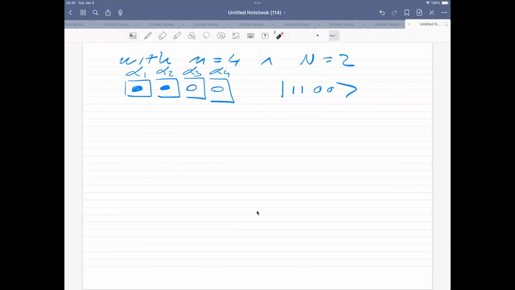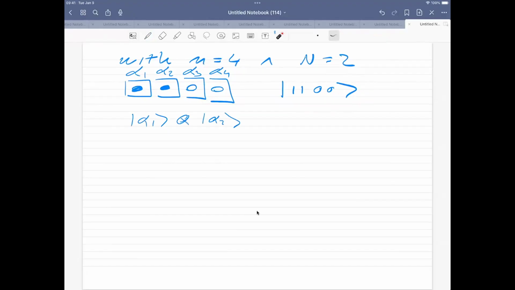And in principle, however, when you look at a state like this one, this is obviously the tensor product again of 2 single particle states, alpha 2, alpha 1. But now we could keep the information which you have here and set it up like that, or you could skip it to make it even more compact.